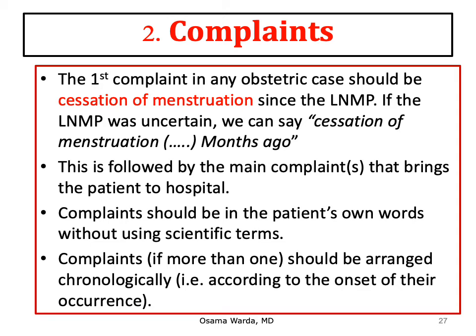If she does not know the first day of the last normal menstrual period, we can say cessation of menstruation 8 months ago, 7 months ago, and so on. Then we ask for the presenting complaint, the complaint that brings her to hospital or to our outpatient clinic. If there is more than one complaint, you should arrange them chronologically or according to their importance from the patient's point of view.